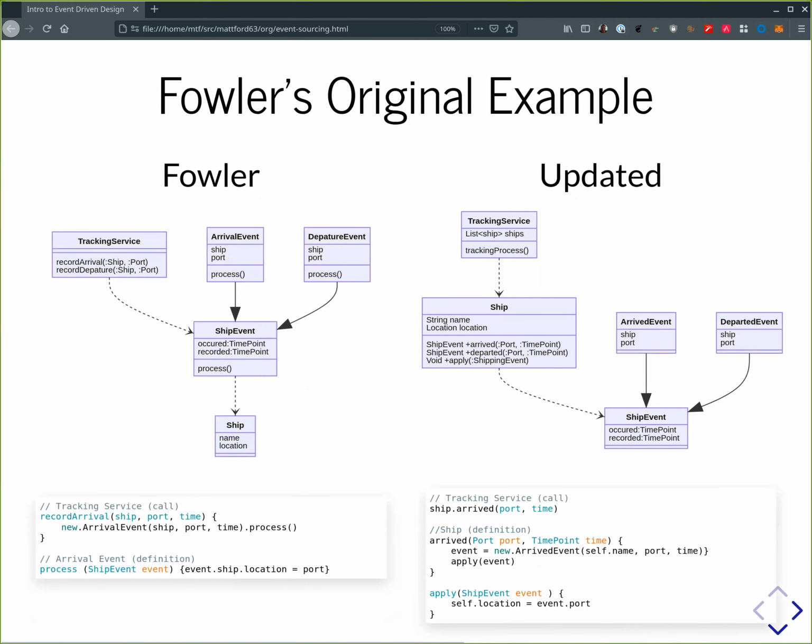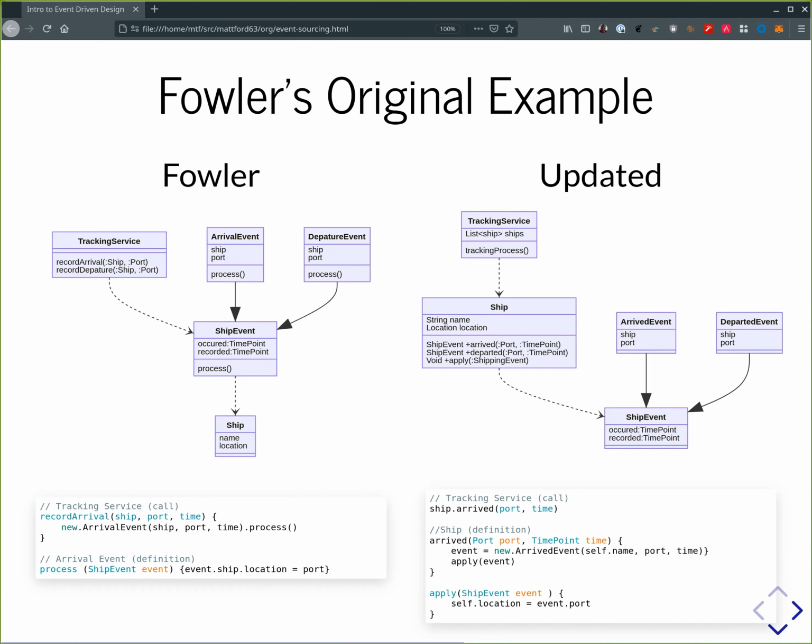On the left here is Fowler's original example, and on the right is the updated example I put together for this talk. You can see here that the tracking service's language is imperative.